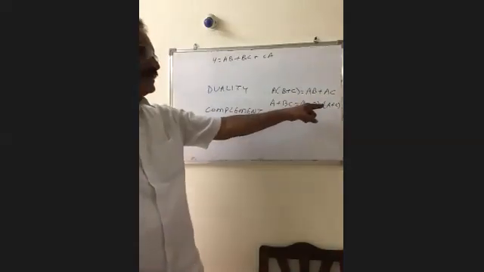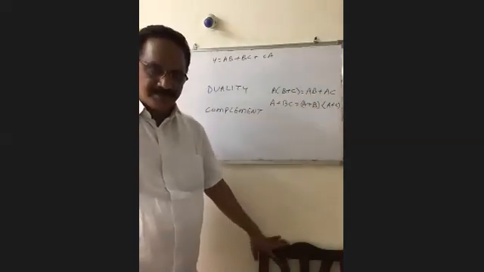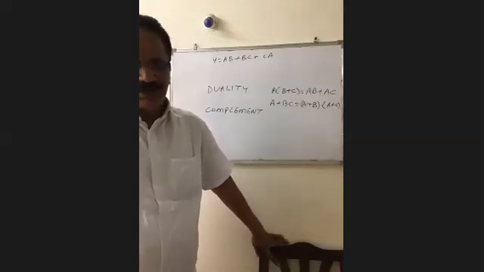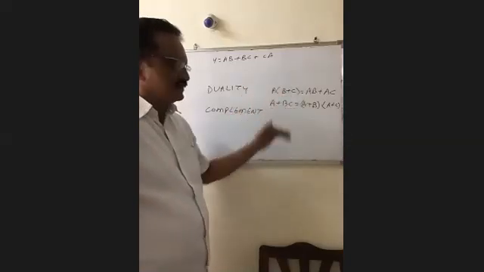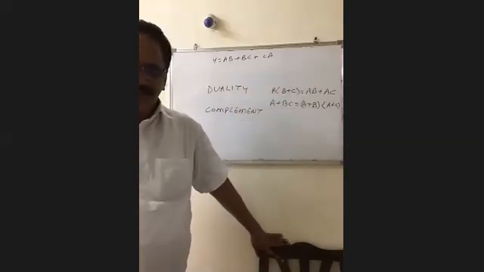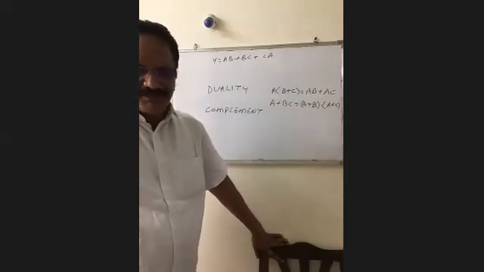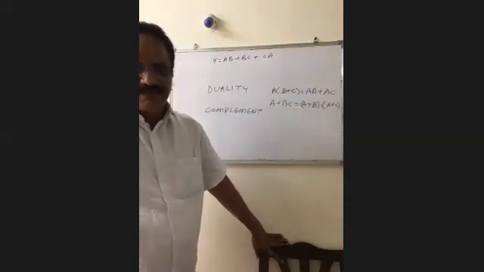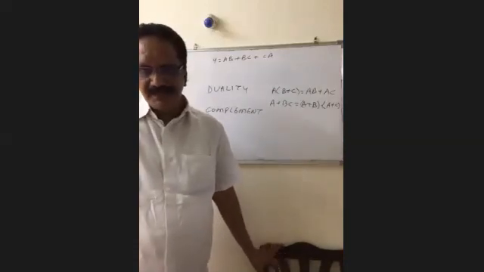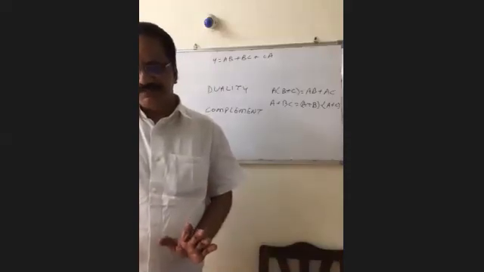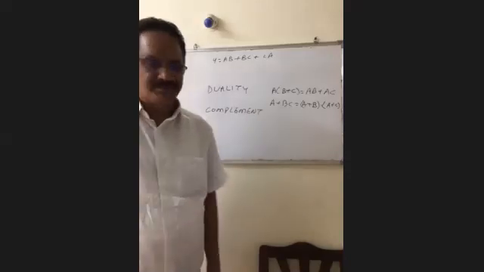So A plus B into A plus C equal to A plus BC. That is also a distributive law. The dual for this one is equal to this one. What is the procedure to obtain a dual expression for any given expression? Simply by interchanging AND and OR operations, and zeros and ones. That's the procedure to obtain the dual expression.